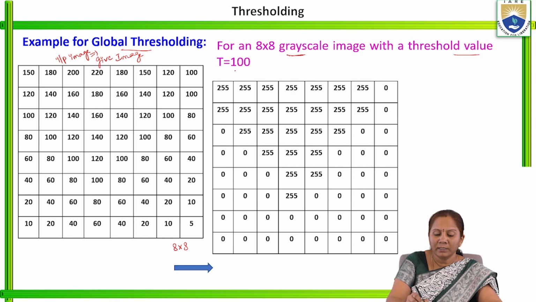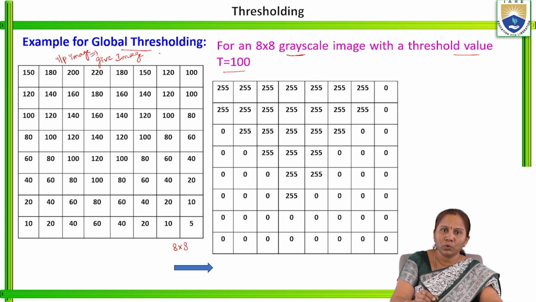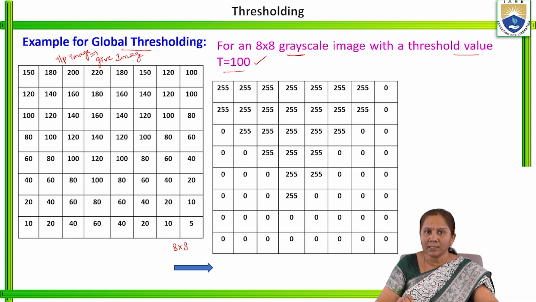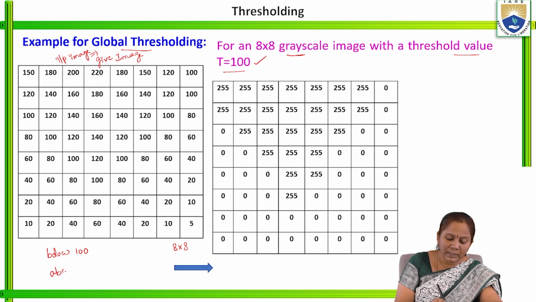Here we have selected the threshold value T as 100. As it is global thresholding, for the entire image only one threshold value will be selected. So here we can see different intensity values. Some of the values are below 100, and in the entire image some of the intensity values are above 100.